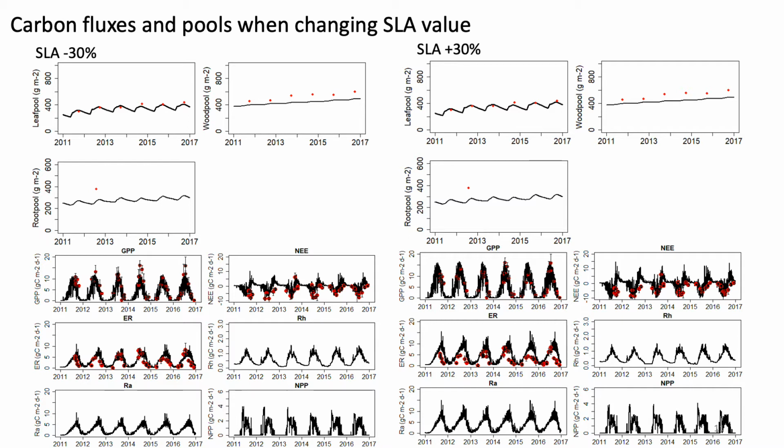However, we don't see much changes in the carbon pools, which is shown here, the leaf pool, wood pool, and root pool. There's no changes by changing the SLA value. From these comparisons, we draw a conclusion that VCmax and the SLA have similar effect on model outputs.